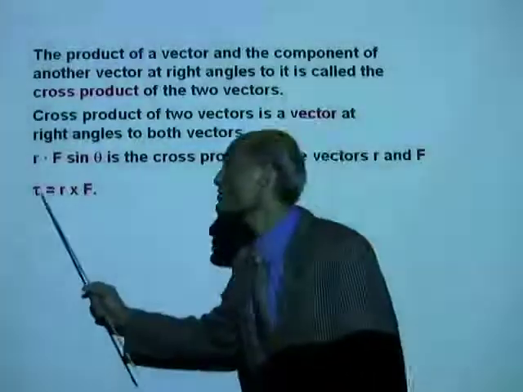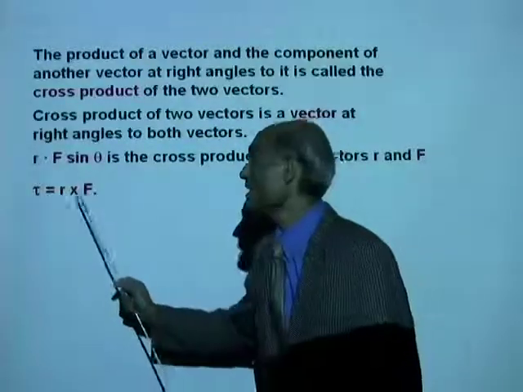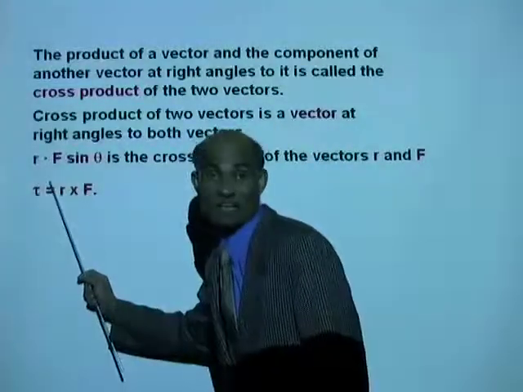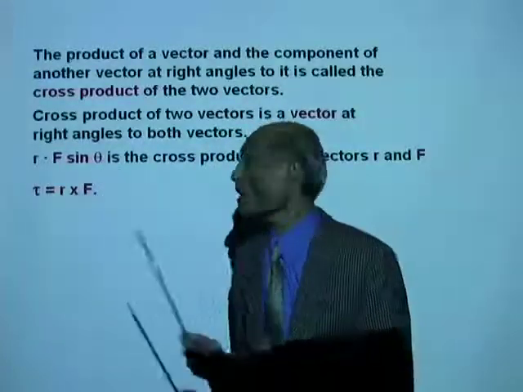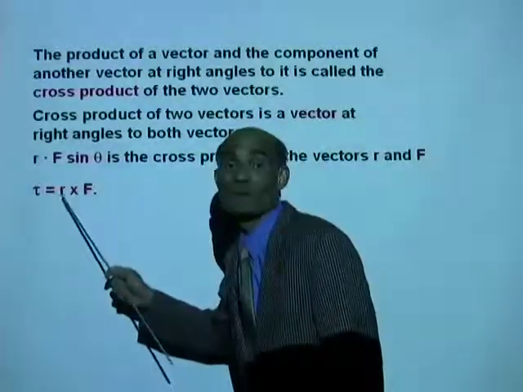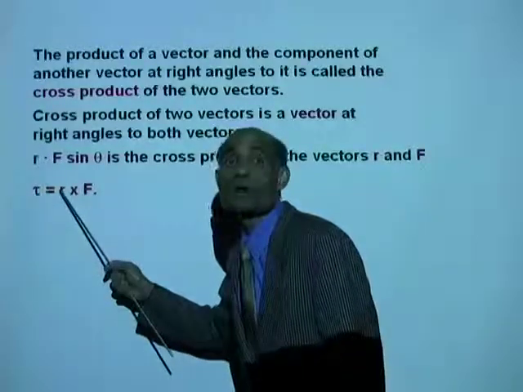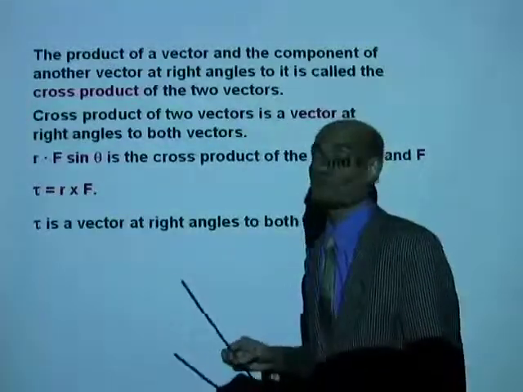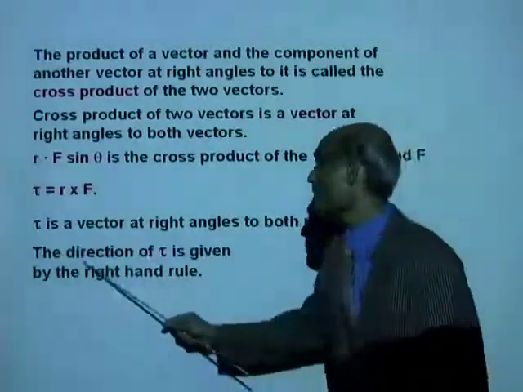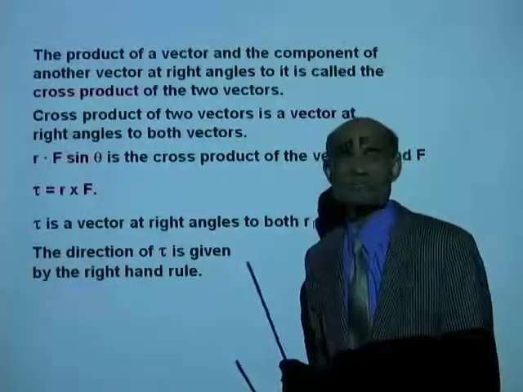And we write it like this: tau equal to r cross f. And tau is a vector quantity, it has a direction. What is the direction of tau? Tau is directed at right angles to both the r vector and the f vector. The direction of tau is given by the right hand rule.